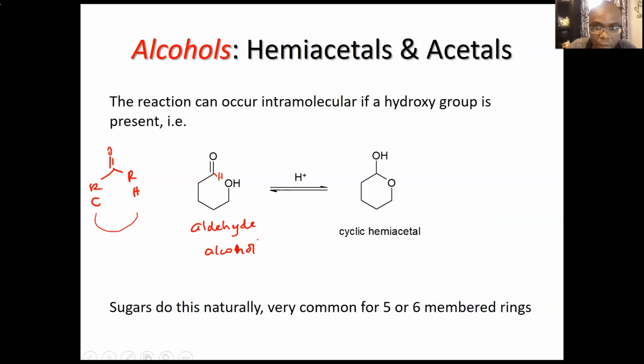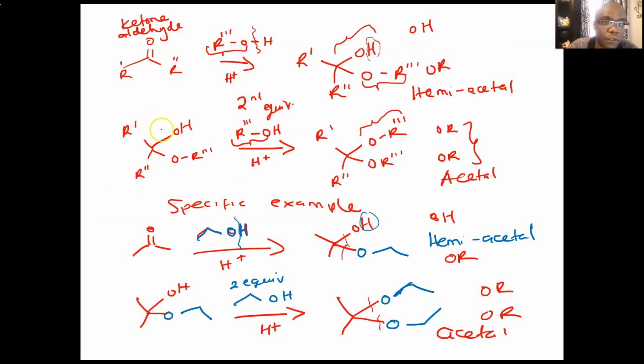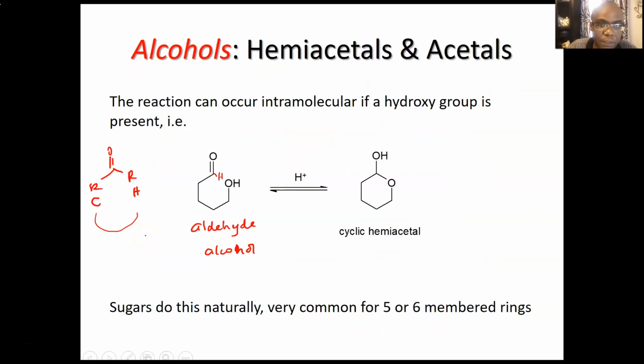Okay, here we are adding an alcohol. We are adding alcohols onto the carbonyl containing compound, but here the alcohol is on the same structure as the aldehyde. So in this case you have both the electrophile and the nucleophile on the same molecule.